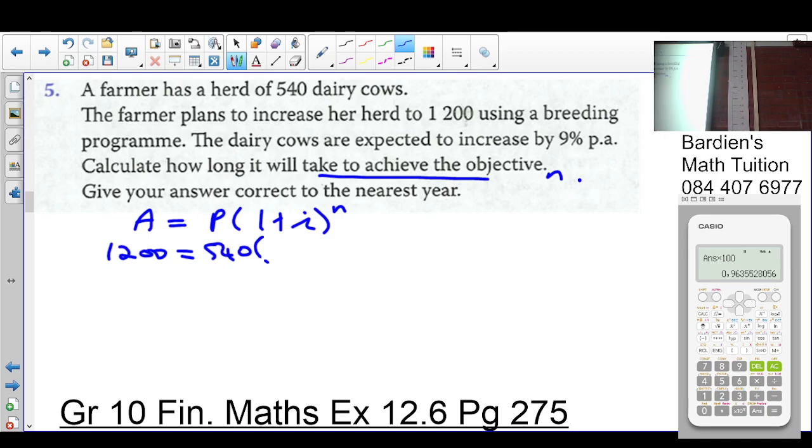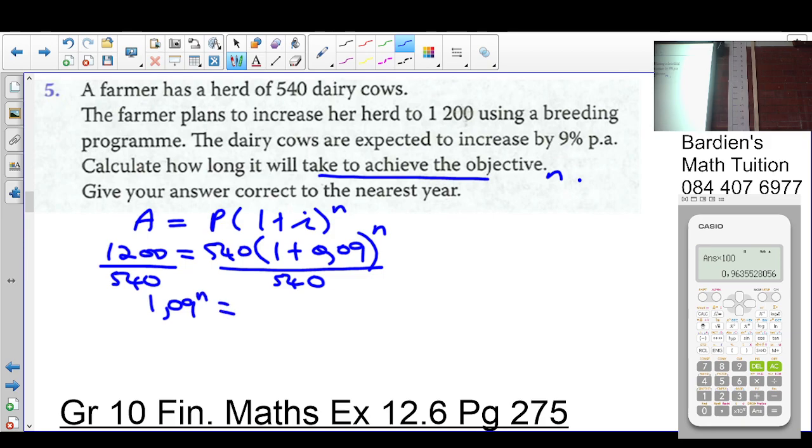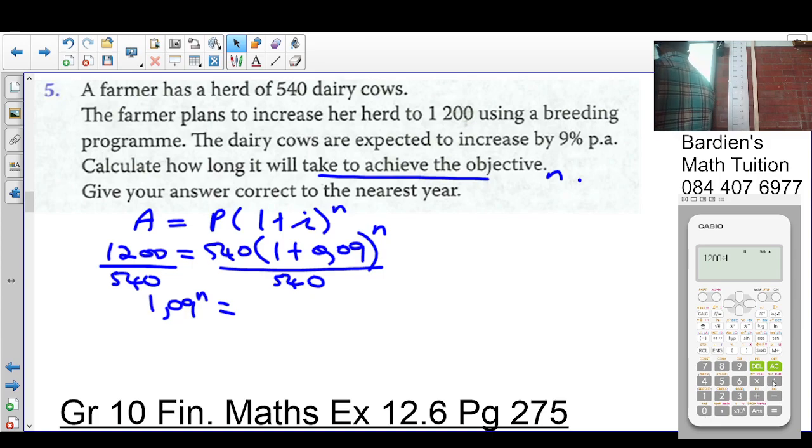The 540 is what she's starting off with. 1 plus I, 0,09 to the exponent N. So where do we start? What's the next step? Divide by 540, both sides. So we got 1,09 to the n is equal to 1,200 over 540. 20 over 9. Decimal, 2,22.